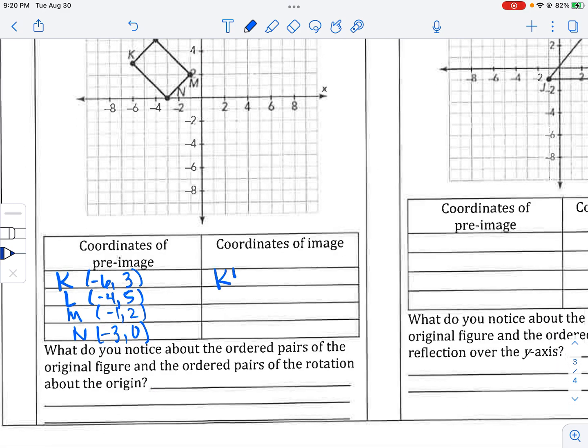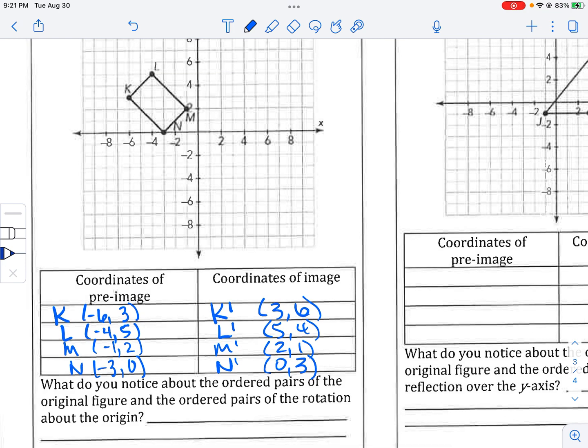So K prime on this is going to be 3, 6, because I switch my x and y. L prime is going to be 5, 4. M prime is going to be 2, 1. And N prime is 0, 3. So 3, 6, I get K prime. 5, 4, I get L prime. 2, 1, I get M prime.